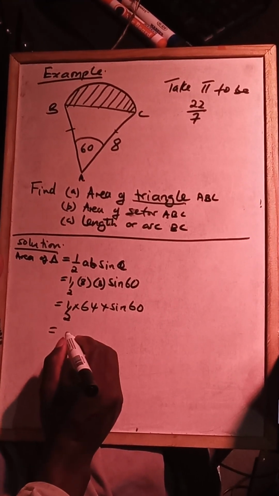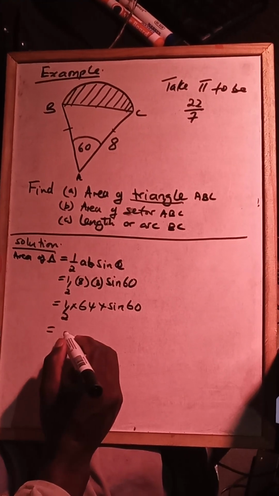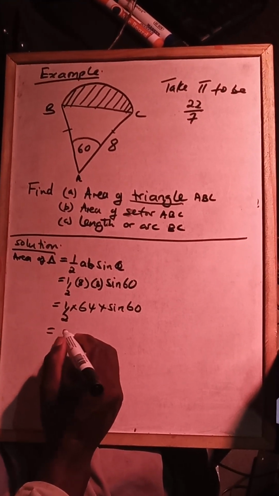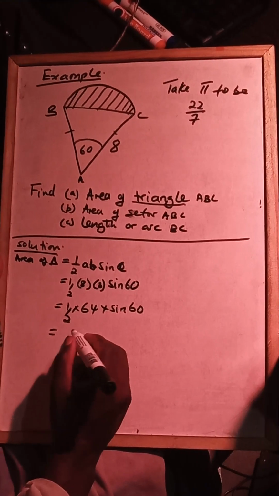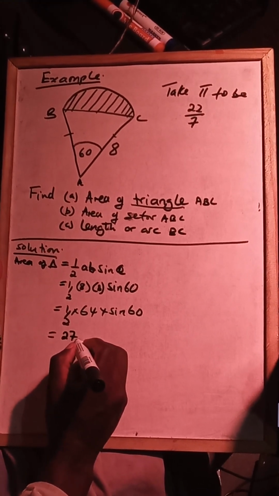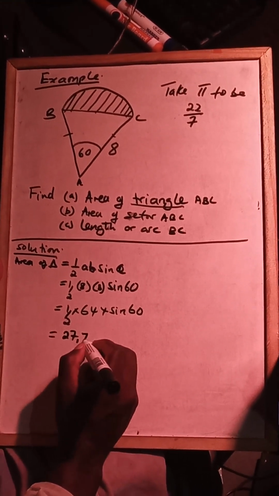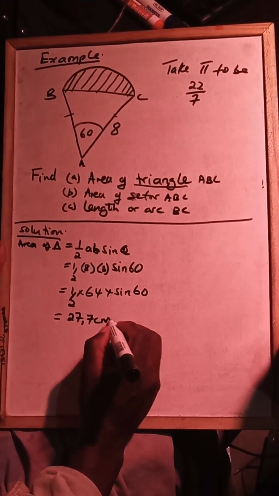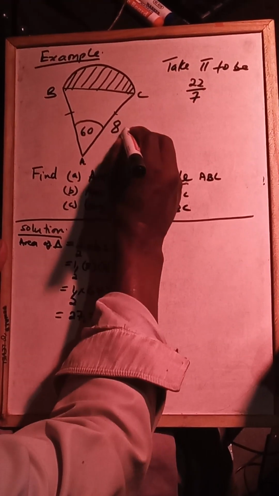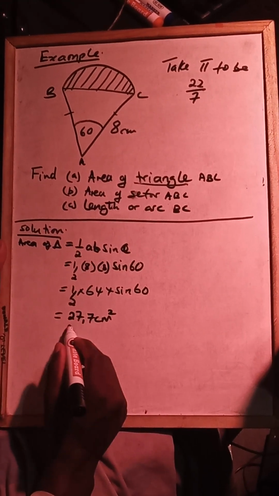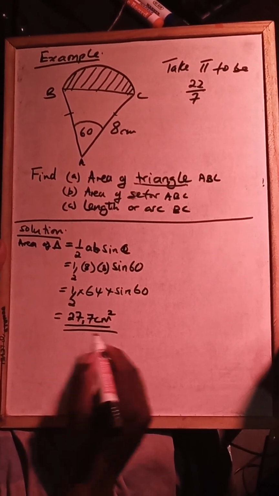We can use a calculator. We get 27.7 square centimeters. That is the area of the triangle.